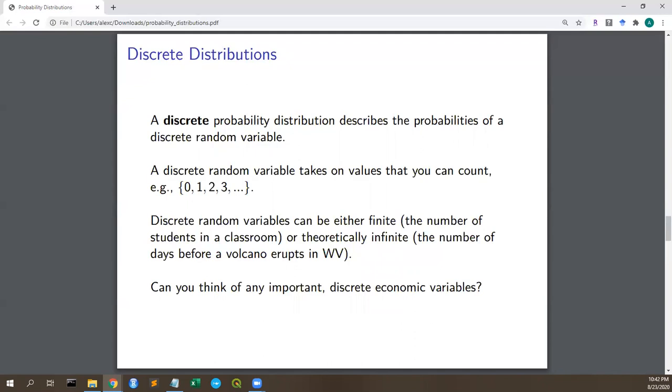So an economic example would be the number of consecutive quarters of negative economic growth. If you have 2 or more consecutive quarters of negative growth, you are in a recession. So it's important to track these counting numbers, these counting quarters of negative growth, to tell whether or not we're in a recession and if policy needs to be taken.